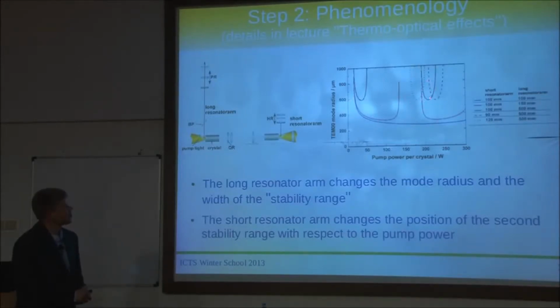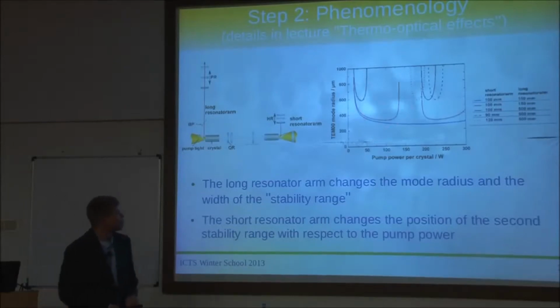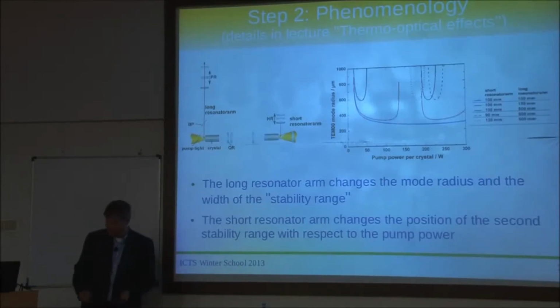And then these different patterns here show you what happens now that you have an asymmetric resonator with a long arm and a short arm, if you play around with the short arm. That basically influences this second stability spot here. It moves it around, and it allows you to pick a certain pump power where that system operates, so where it can oscillate and where it's not really stable.